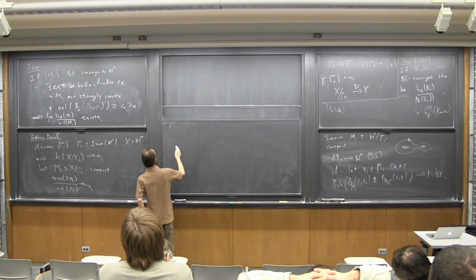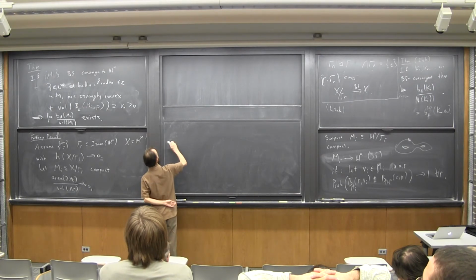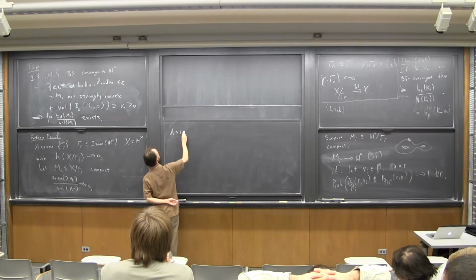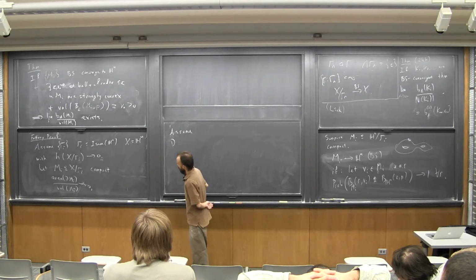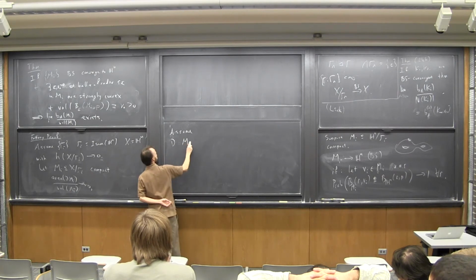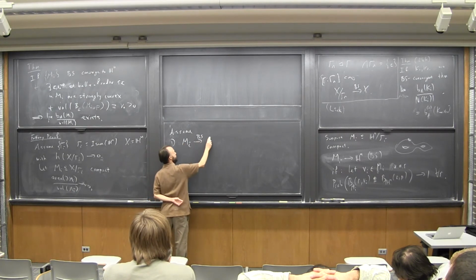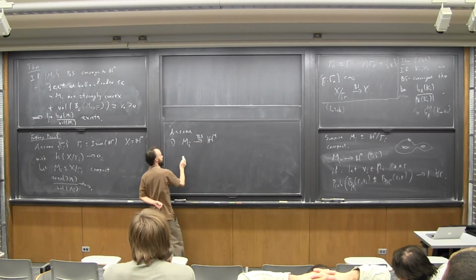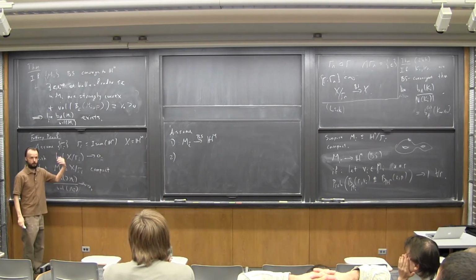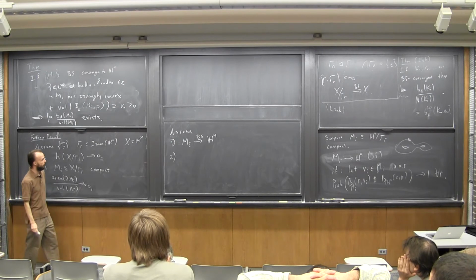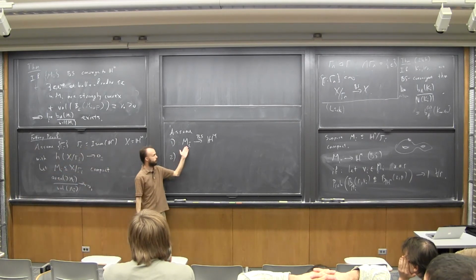We would like to claim, so we'll have to assume it because it doesn't have to be true, we would like to believe that these M_i are Benjamini-Schramm converging to hyperbolic 4-space. Then we can use the previous results to say that their normalized Betti numbers converge.